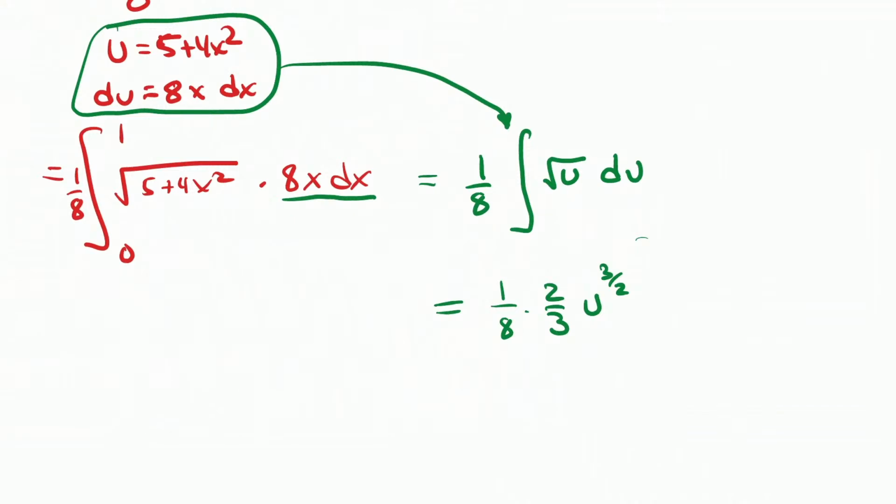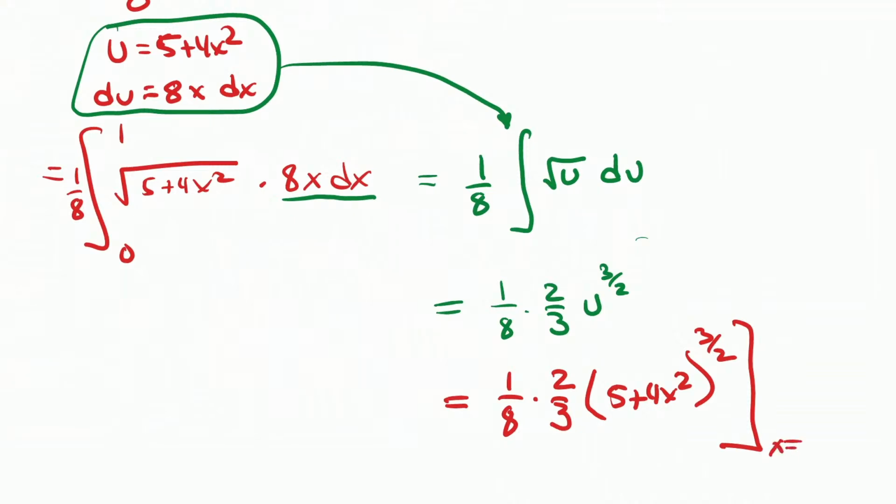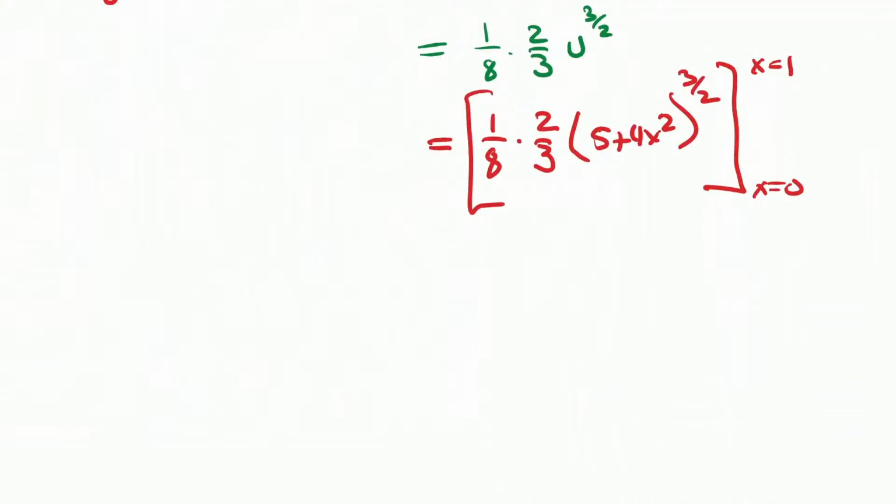This is a definite integral. Okay, let's go back to x now. So this is 1/8 times 2/3 times 5 plus 4x squared to the 3/2, evaluated from x equals 0 to x equals 1. I need to make sure my test is this easy, and all the problems I do for you in here.